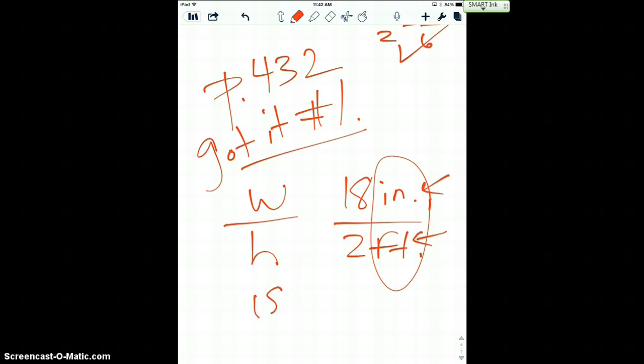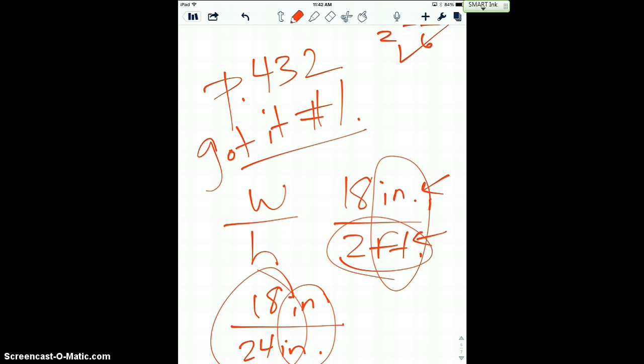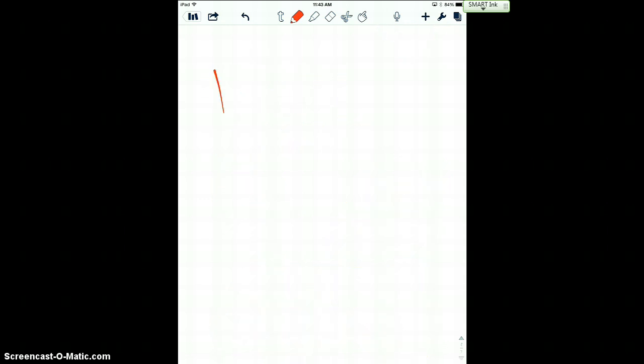So 18 inches over 2 feet is equivalent to 24 inches. Now I have the same unit, so I'll simplify the ratio. 18 over 24 simplifies by dividing both by 6, and I'm at 3/4. Cha-ching! Done. Got it?